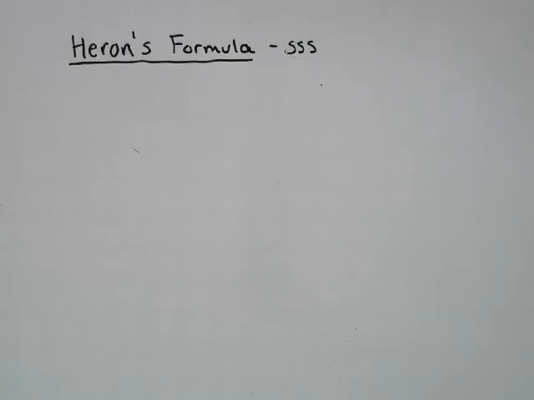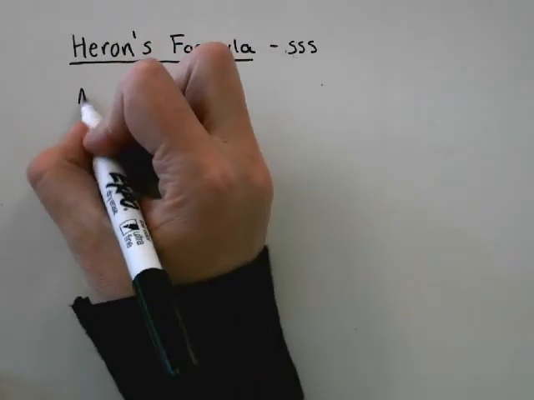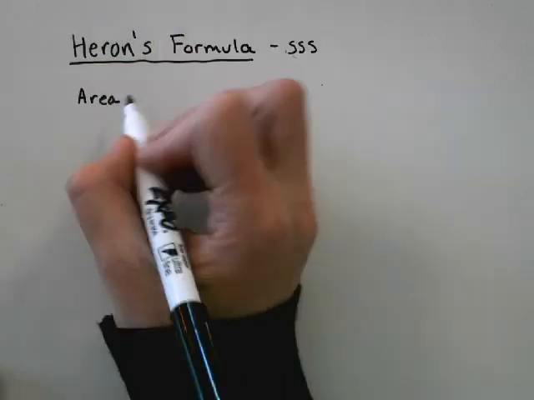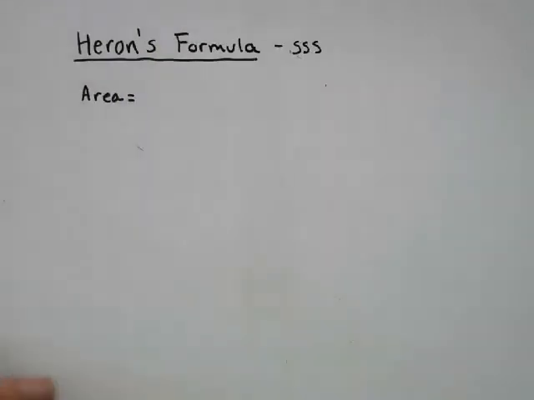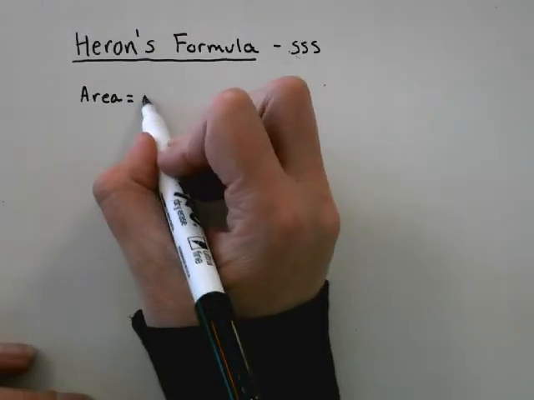The next formula is something called Heron's formula, and I am not going to derive this one. This derivation's a little bit complicated, but this one's area, and it's going to look really challenging, but it's really not.